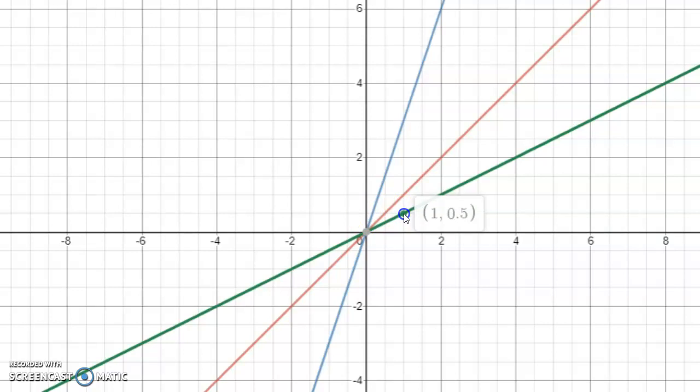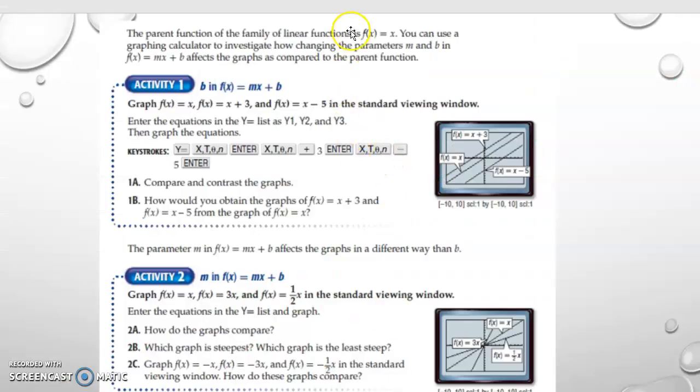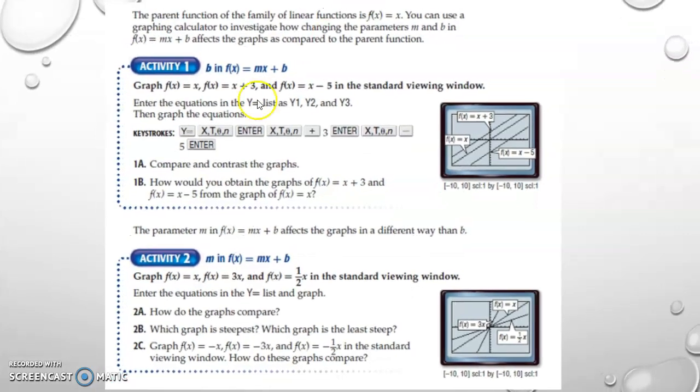Okay, 1/2 times 2 would give you 1. So, over 2, up 1. All right, so with the 3x right here, you get a very steep line, the blue one. The regular one is just your standard, and then that one is a flatter line. But that's what we're dealing with when we're dealing with parent functions.